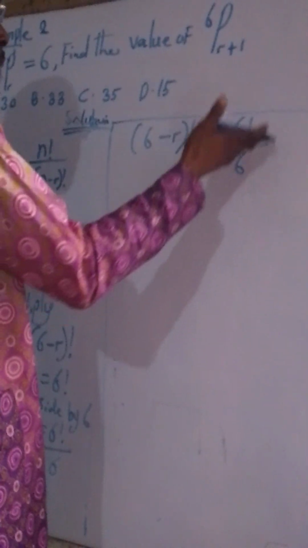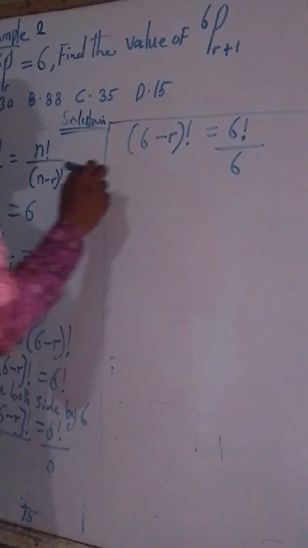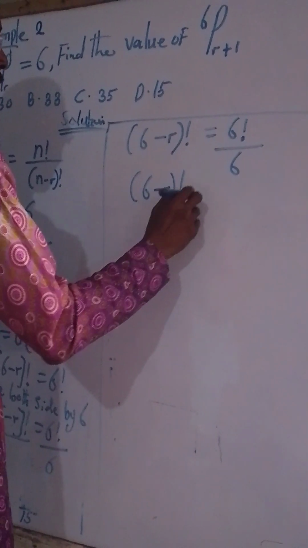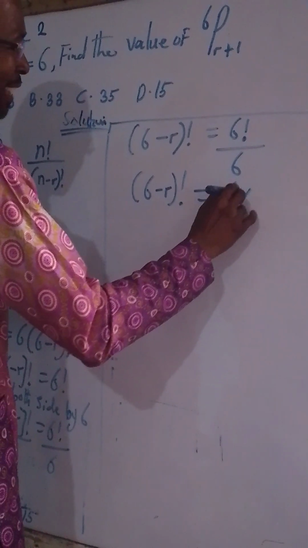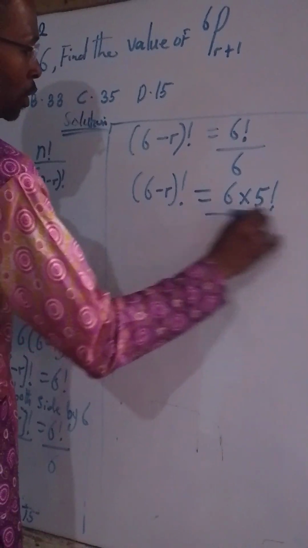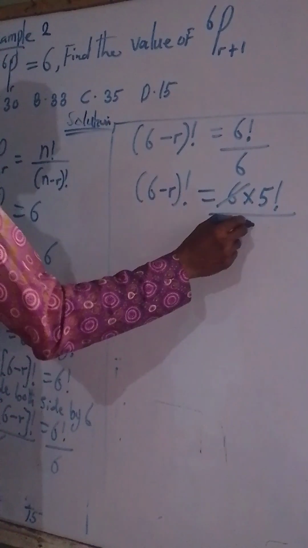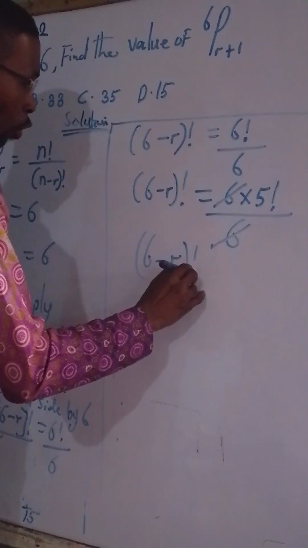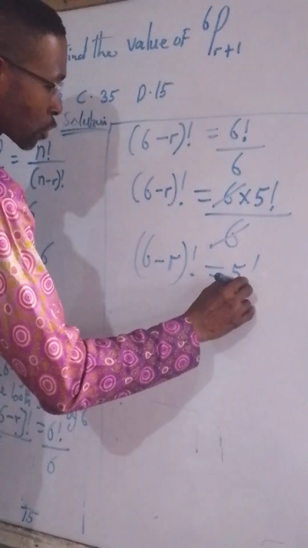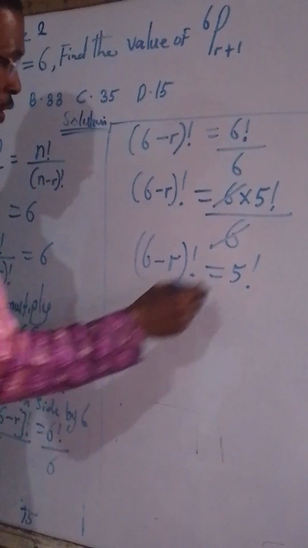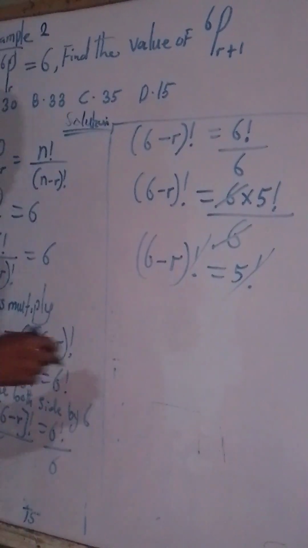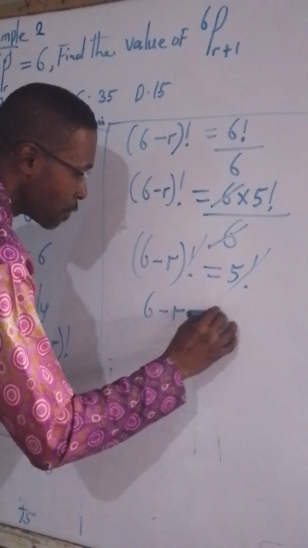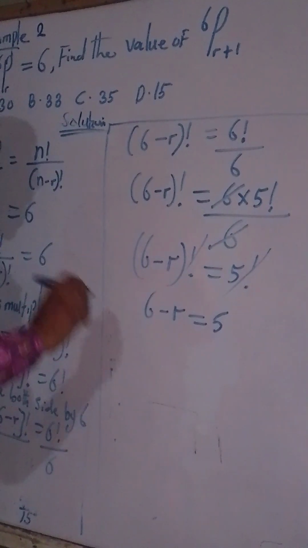We cannot divide it directly like this, but the first thing we need to do is write 6 factorial as 6 times 5 factorial, divided by 6. So the 6 cancels the 6. We have (6 minus r) factorial is equal to 5 factorial. Now we cancel the factorial. So we have 6 minus r is equal to 5.